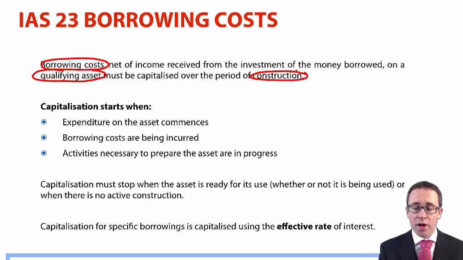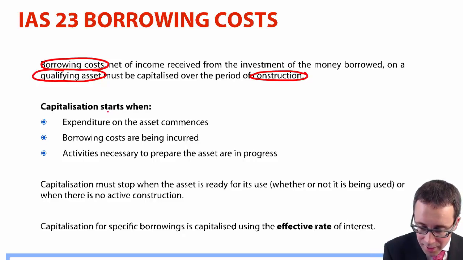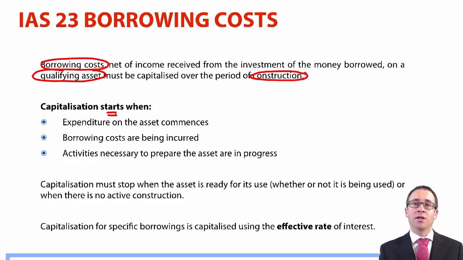The first bit we're going to look at is when capitalization starts. Again, we said we're trying to be prudent by not capitalizing too much interest. So when capitalization starts, it tends to be at the latest possible point because we need to meet all three criteria.